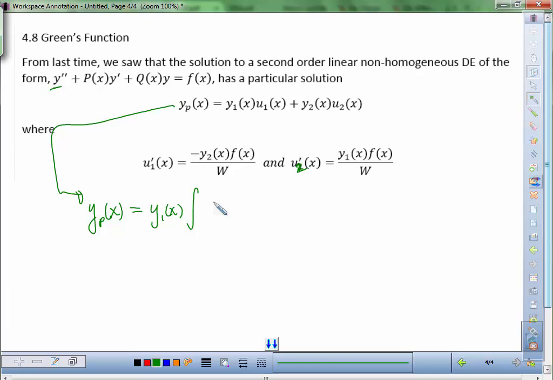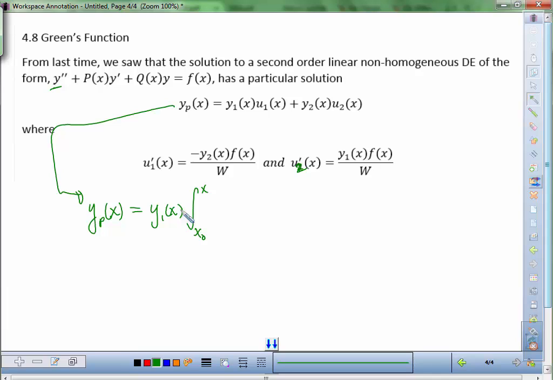Now, if I'm going to integrate with respect to x, I can write this in terms of x, but since now I'm watching out for the initial value, I'm going to want to evaluate this from some initial value to some x value. What I'm trying to say is I want the limits to be values of x. The lower limit will be x naught, the initial part of the initial condition, and the upper limit would be the variable x.